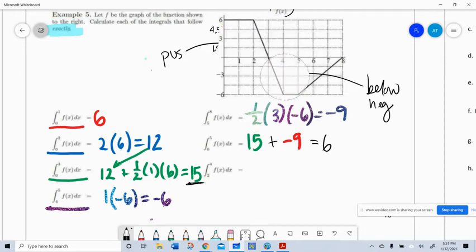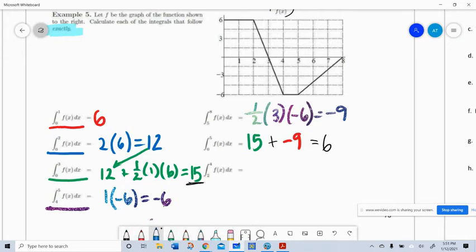Okay, and then last, we're going to be looking at the area from 2 to 4. This is kind of an interesting one. Let's go back to blue here. So from 2 to 4, well, I've got this part 2 to 3. That's a triangle right there. And then I'm going to go from 3 to 4. That's another triangle, but it's below the x-axis.